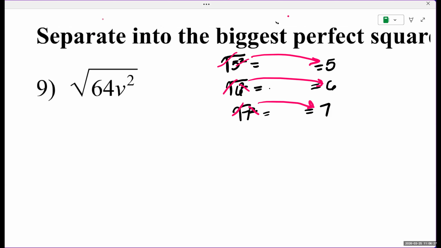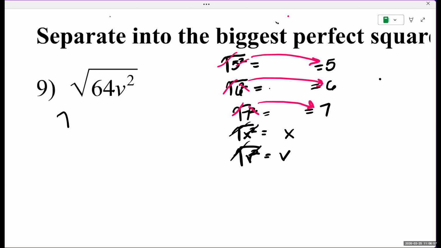So now, what is the square root of x squared? The square root is going to cancel the squared, and the x is going to come out. What is the square root of v squared? The square root cancels the squared, and the v comes out.